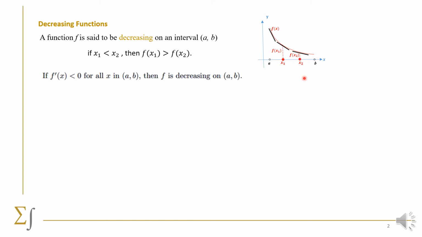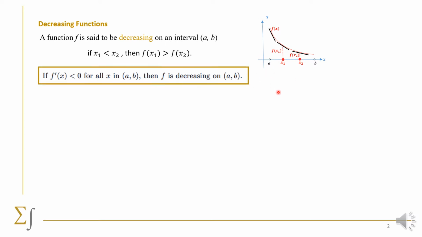So here we have f prime is always less than 0 for all x in the interval a, b. In such case, we say that f is decreasing. So this is the definition according to calculus and differentiation, that f prime of x is less than 0 for all x in an interval a, b. Then we say that the function is decreasing on a, b.